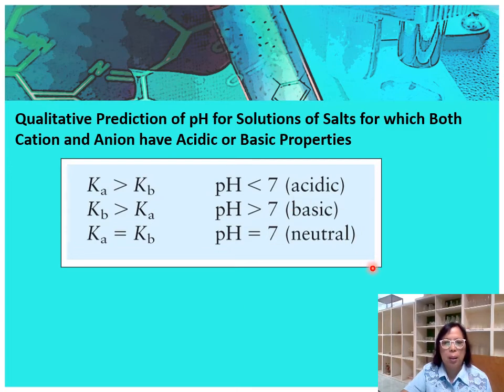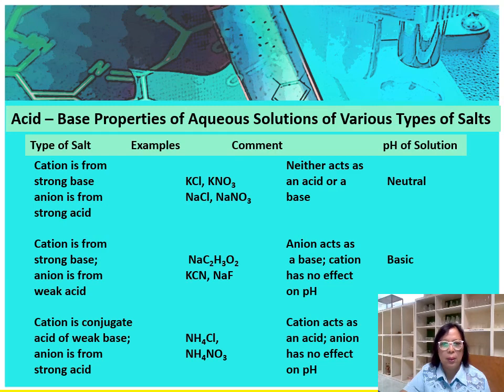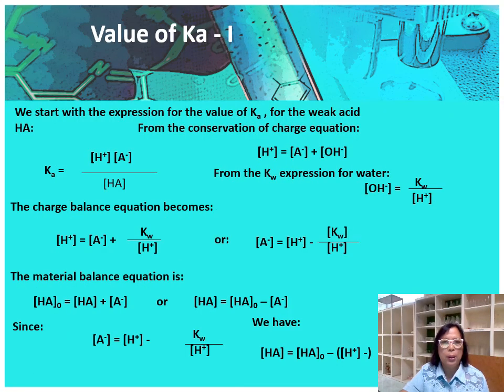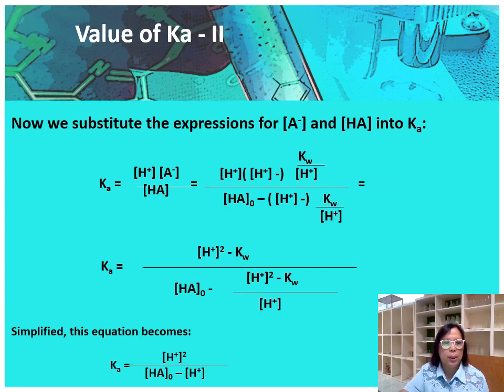This is again a review slide showing to you the relationship of different constants. If the acid constant is greater than the base constant, of course it is acid. These are also other examples.